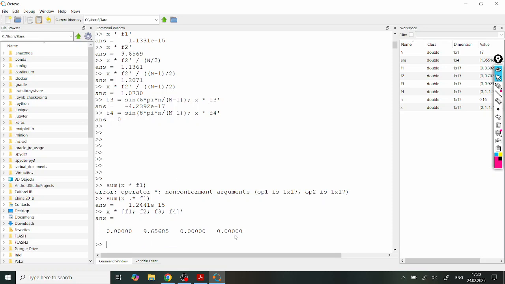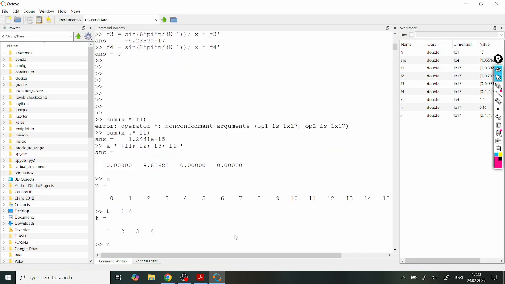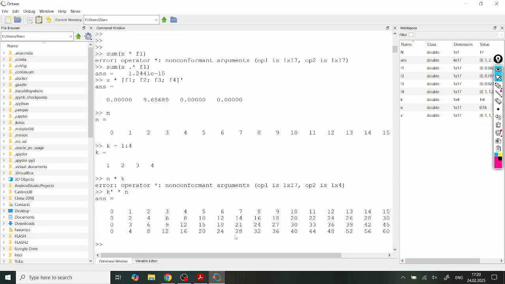So let me try. So n is this one. k is going to be 1 to 4. k multiplied by n. So I need that to be a column like this, yes?